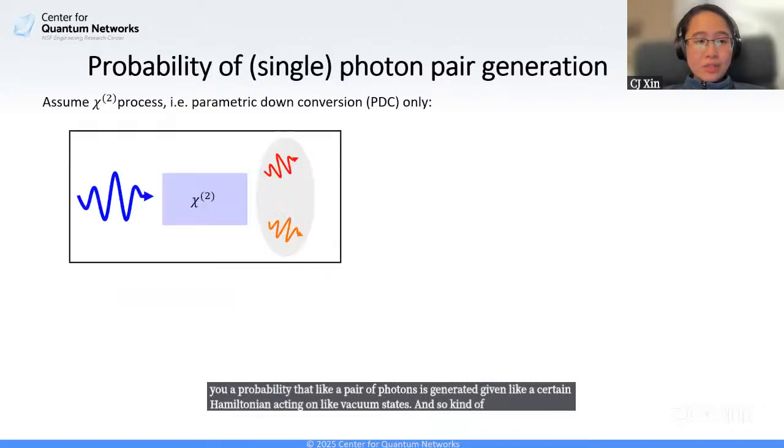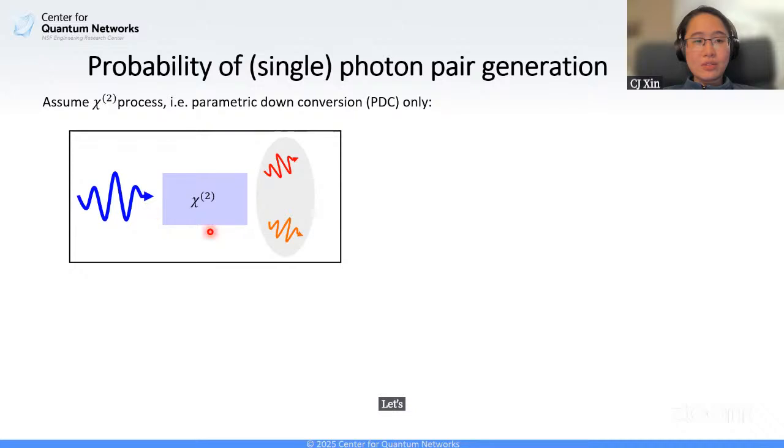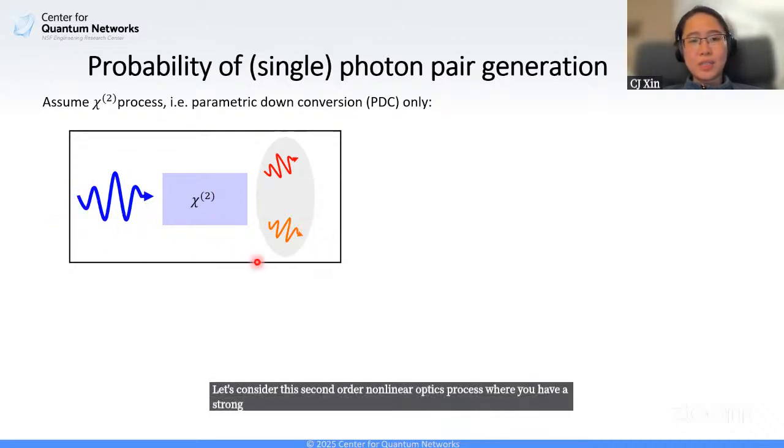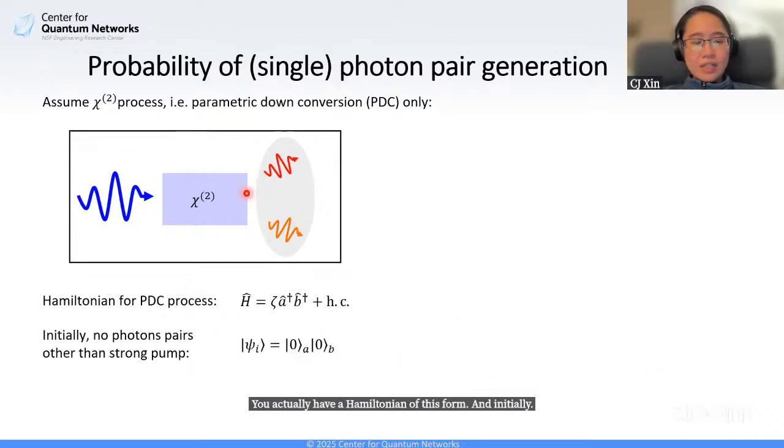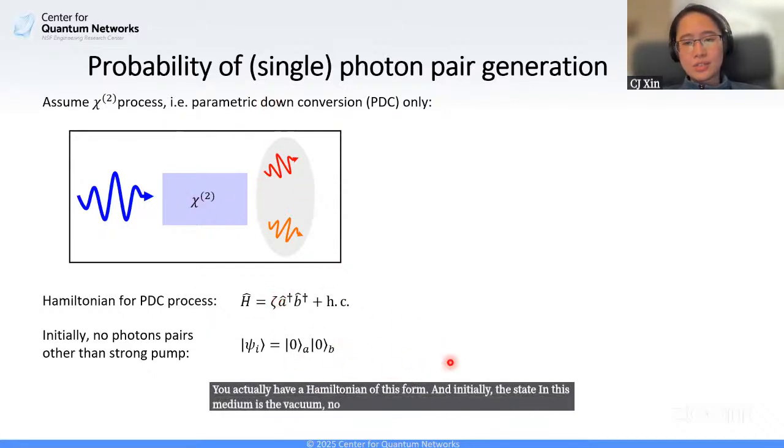To give it a more mathematical treatment, let's consider this second order nonlinear optics process where you have a strong pump, so we treat it semi-classically, interacting in a medium with second order nonlinearity. You have a Hamiltonian of this form, and initially the state in this medium is vacuum, no photons at all. This is your initial state.